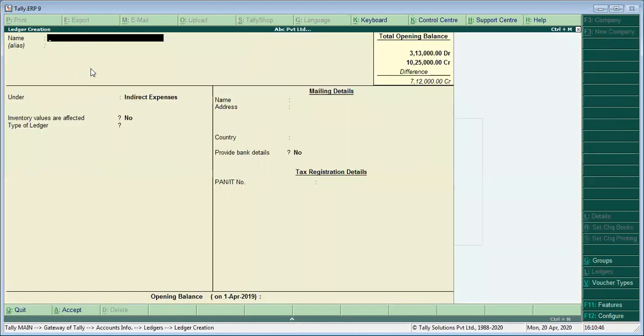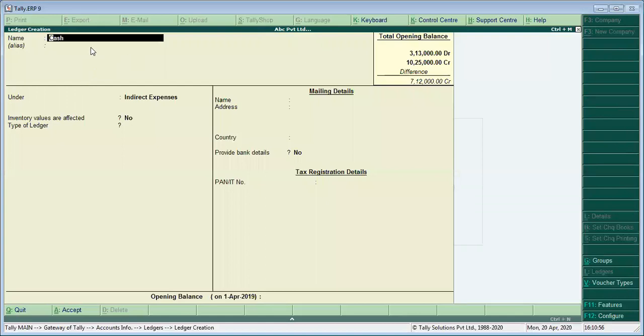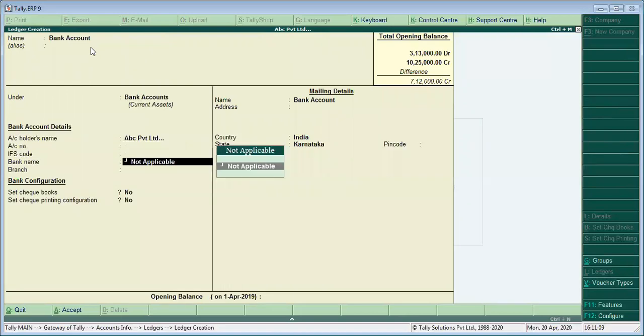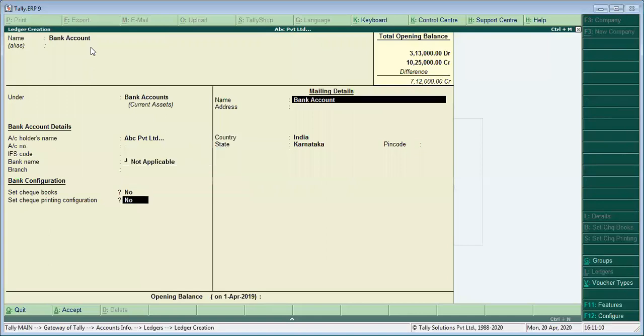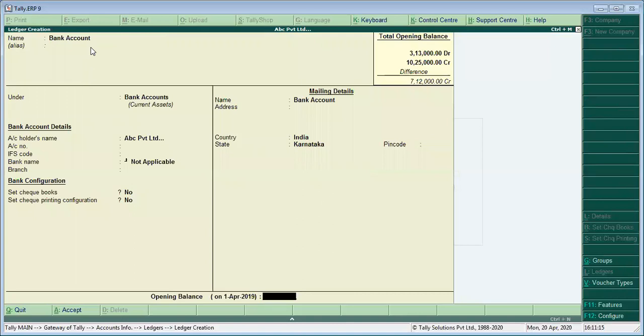Cash was the main reason here. Bank accounts: you don't want to give any type of information, just click on it. Karnataka. Give around 90,000.